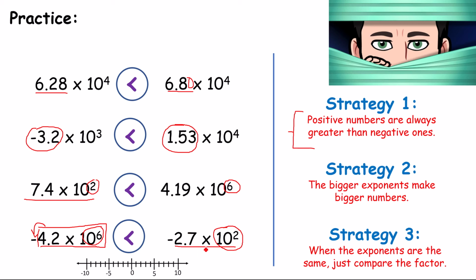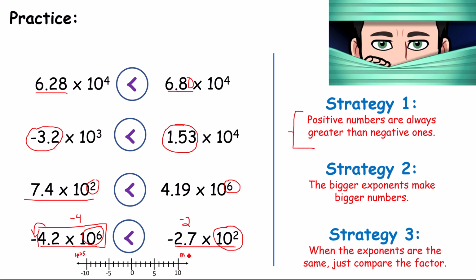Let me put this into forms you might recognize. If this was just -4, and this was just -2, a 4 is a larger value than a 2, which means it's farther away from 0. But since we're moving in a negative direction, -4 is farther to the left, which means it has less value.